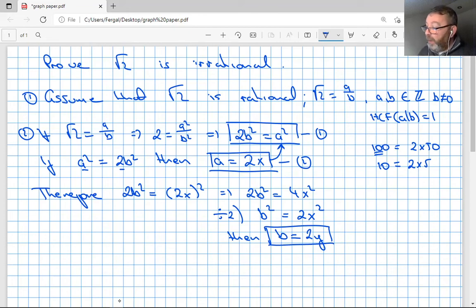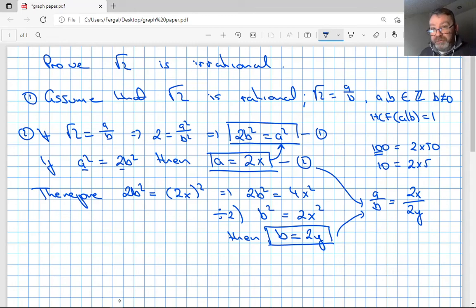All right. Now, what did we assume at the beginning of this particular process? We assumed that root 2 was equal to a over b, where the fraction a over b would automatically be fully simplified. So if I take a here, and I take b, and I put a over b, I get 2x over 2y, which is not fully simplified.